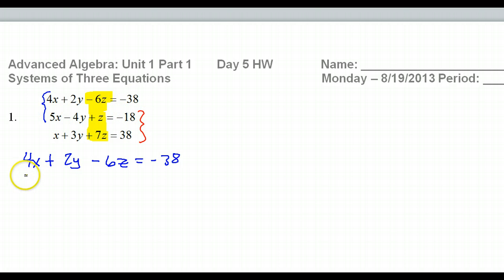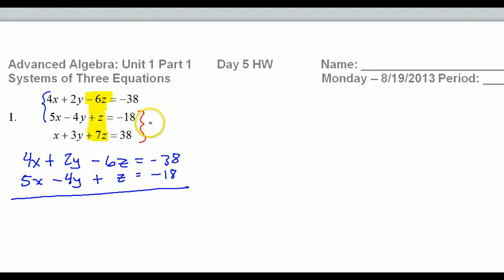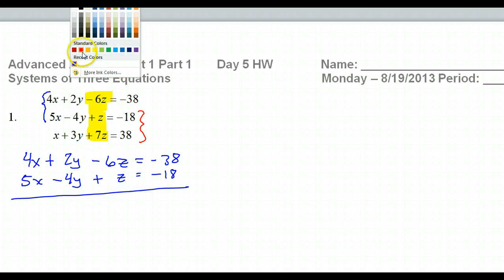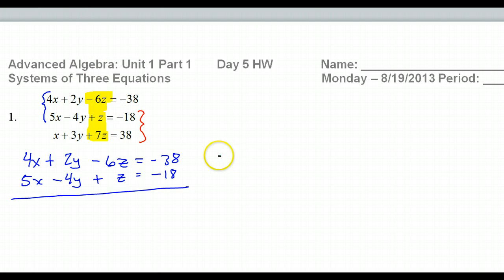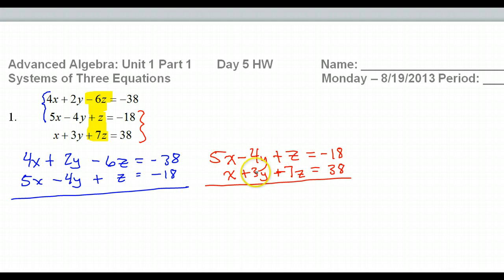Now the second equation I'm just copying, so 5x minus 4y plus z is equal to negative 18. Okay, so here I have the top 2 equations. Similarly, I'm going to copy the bottom 2 equations, like this. So here I've copied the bottom 2 equations in red.